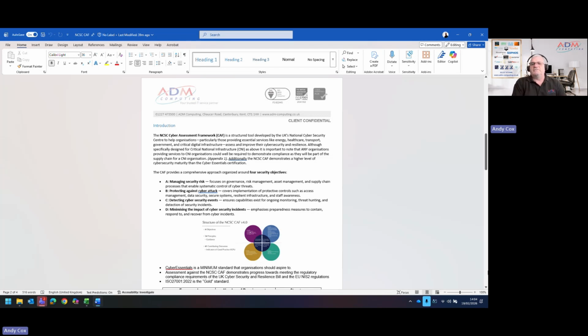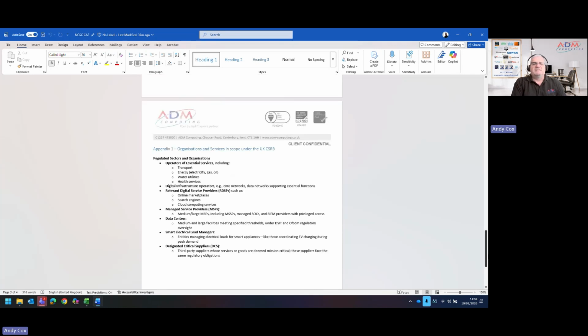So if we just scroll down very quickly to the bottom of this, these are what is classed as critical national infrastructure: operators of essential services, transport, water, health services, digital infrastructure operators and digital service providers.